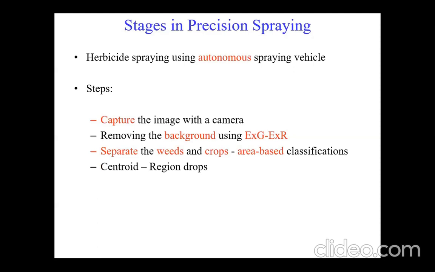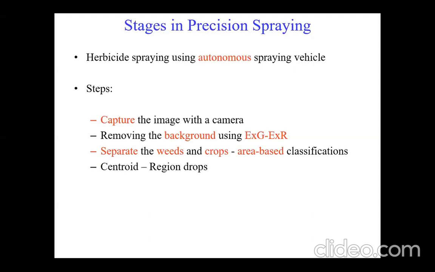After identification of this, now I know weed is there. So now in an image, I have classified weed and crop. Now I have taken only the weed alone. The weed may be spread in different areas, that means you may have some 2 to 3 leaves. So we want to find out where exactly it is located.